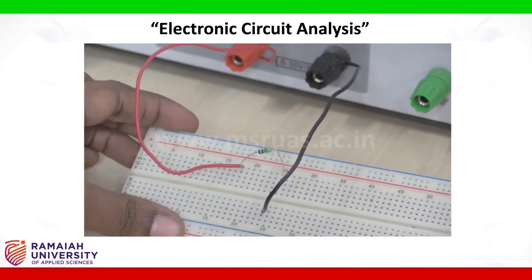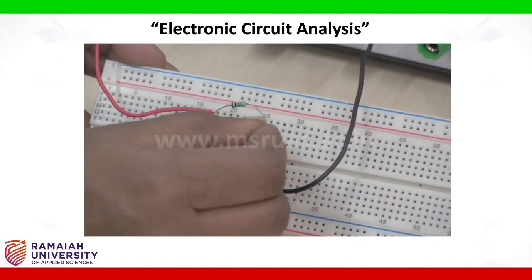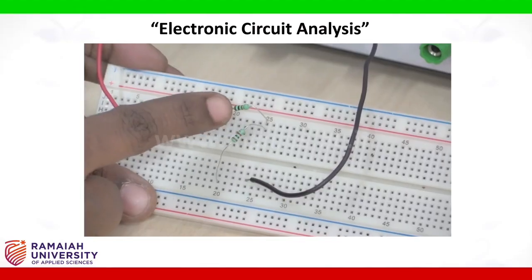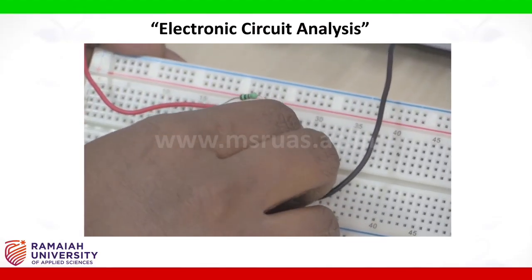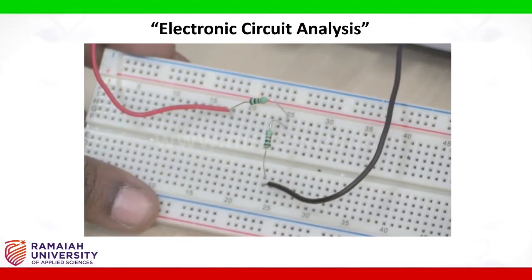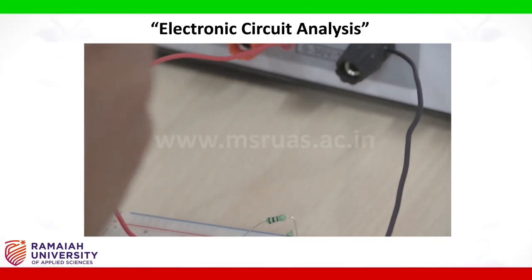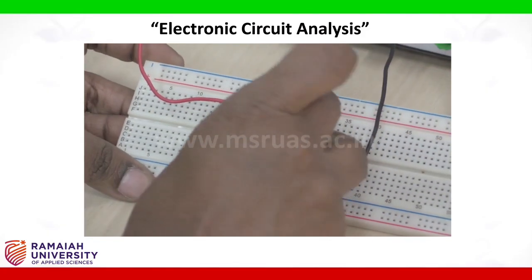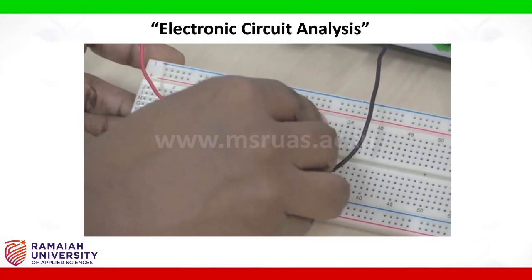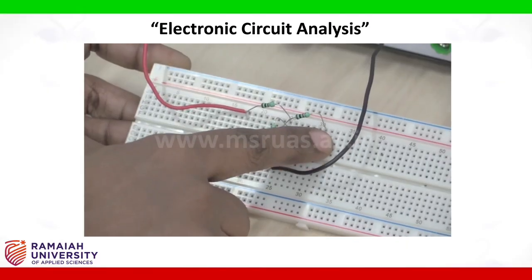Take another 1 kilo ohm resistor, connect from this resistor leg to common terminal. Take one more 1 kilo ohm resistor, connect from this junction of resistors to a node here.